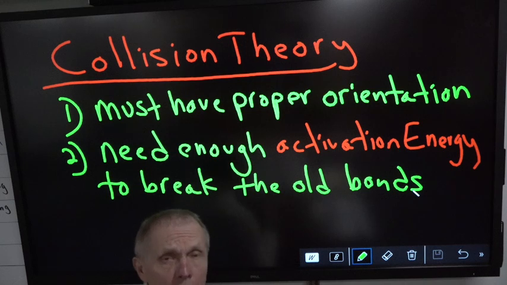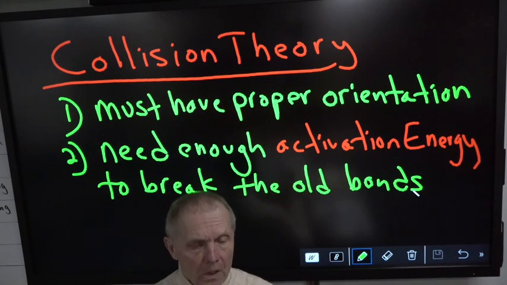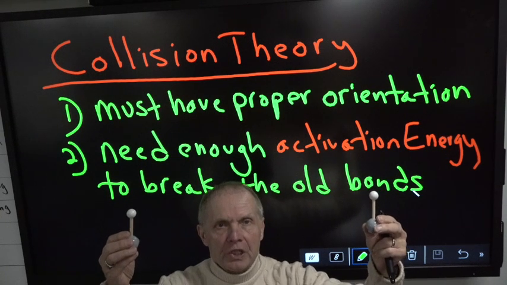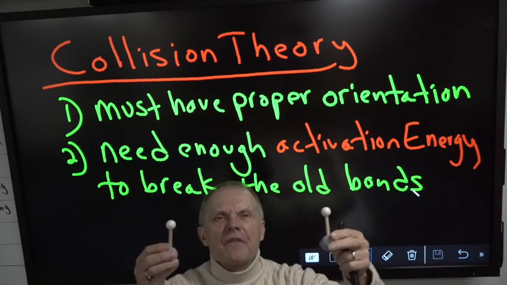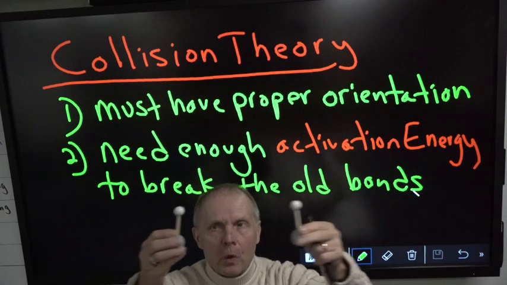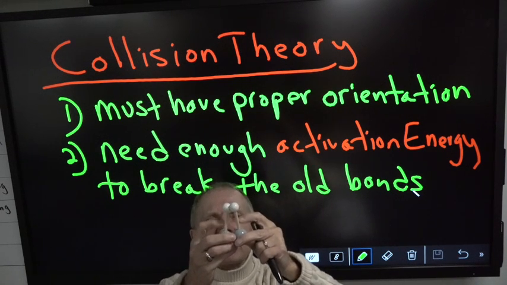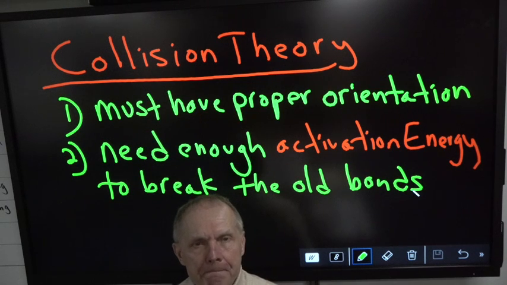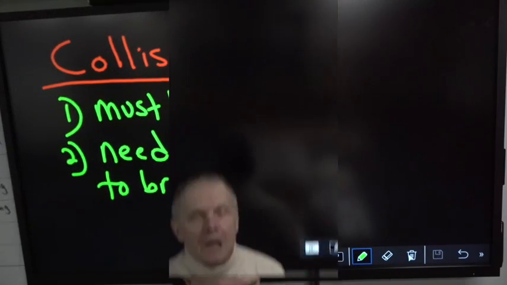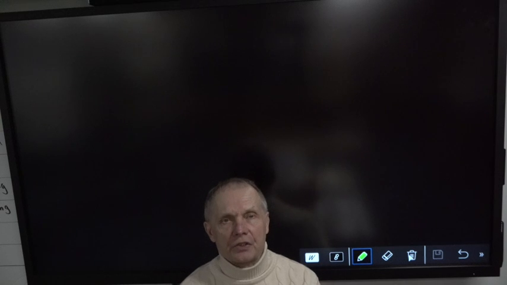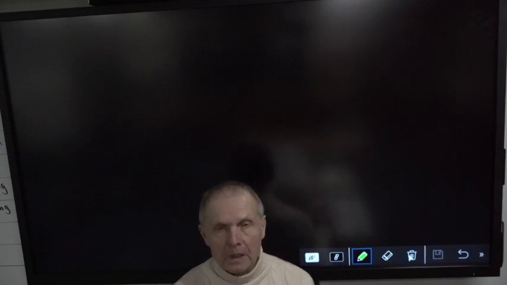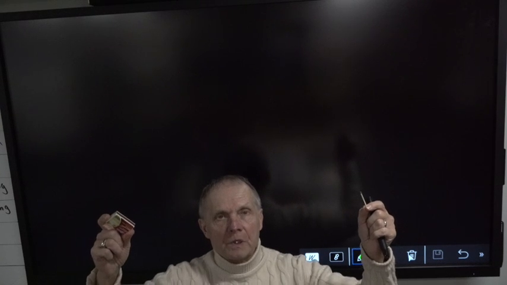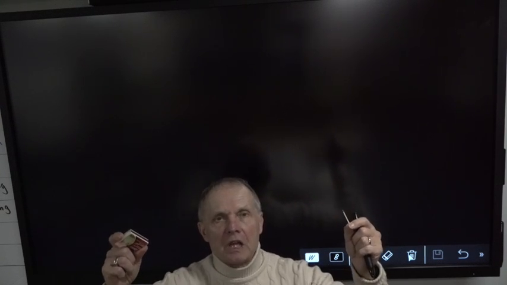So, there are two things you need. You need proper orientation of the two particles that are going to collide and enough activation energy so when they do collide, they break the old bonds and then new bonds can form. Okay? All right. Now, I like to use this analogy. Matchbook, match. These are two particles. They're going to collide.